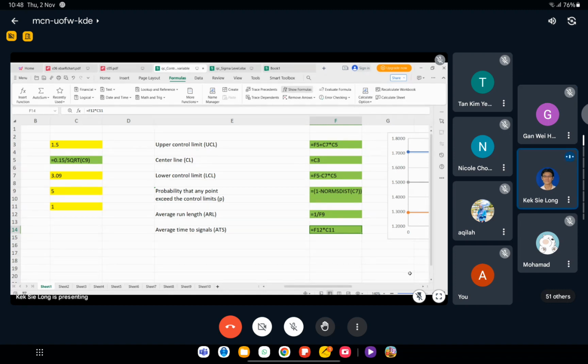For those who may not be comfortable right now, you can take a screenshot, and after the class, at a convenient time, you can try to practice using Excel to do the calculation.